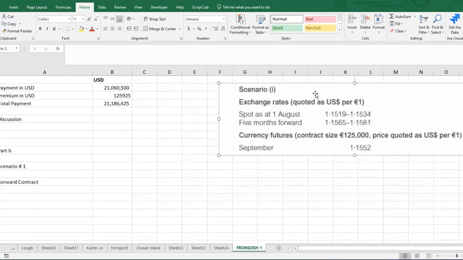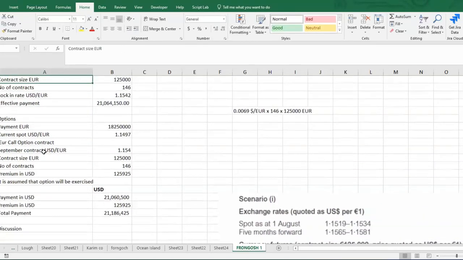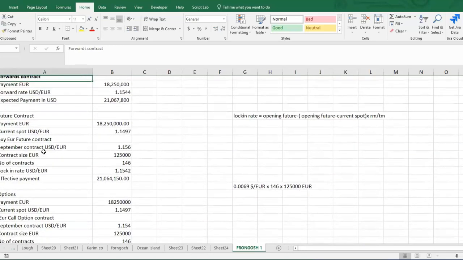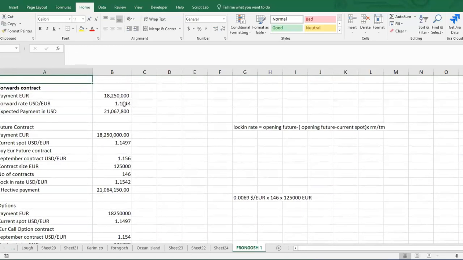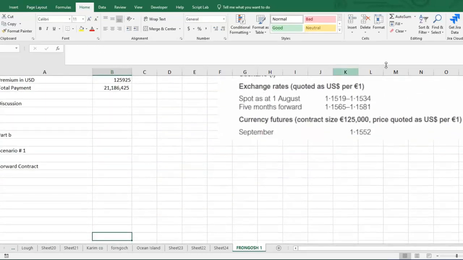So if the spot rate moved above, if the spot rate moved down, forward contract will not change. Forward contract means we have entered into a contract that we will buy euros at 1.1544. So now if in the market spot rate changes, we can't do anything.